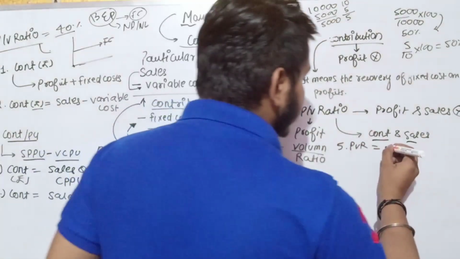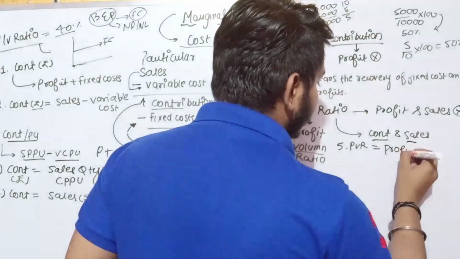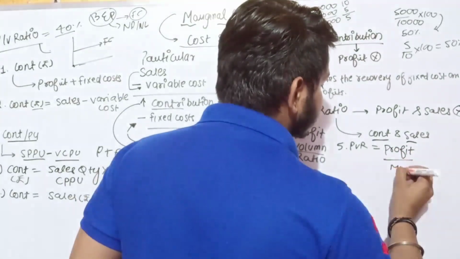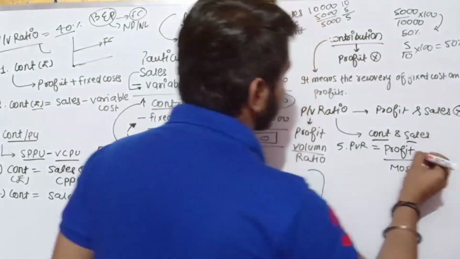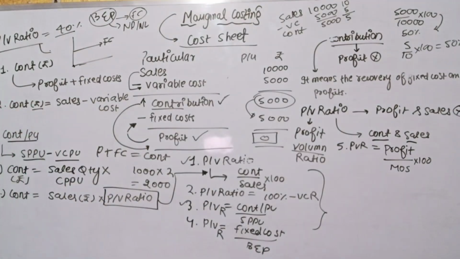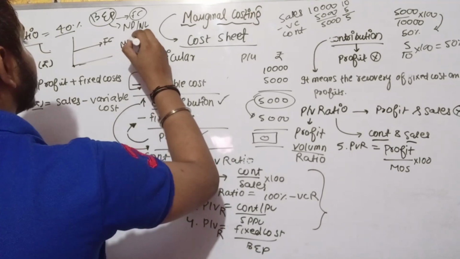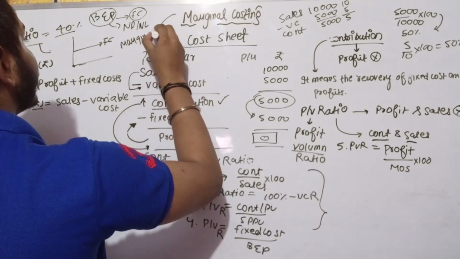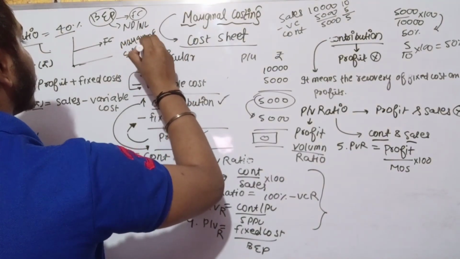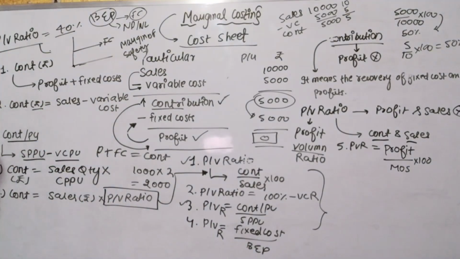Now the fifth point, profit divided by MOS multiplied by 100. The first term was BEP, and now you are also telling about MOS. First tell us what MOS is. MOS is nothing but margin of safety. Sir, what is margin of safety?